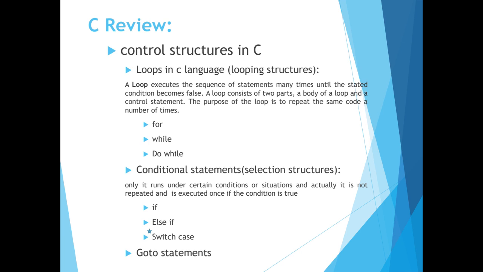One of the structures used as control structure in C language is looping structures. However, there are different structures. The other one is conditional statements or selection structures, and the other ones are go-to statements. However, I will talk about them one by one in detail.